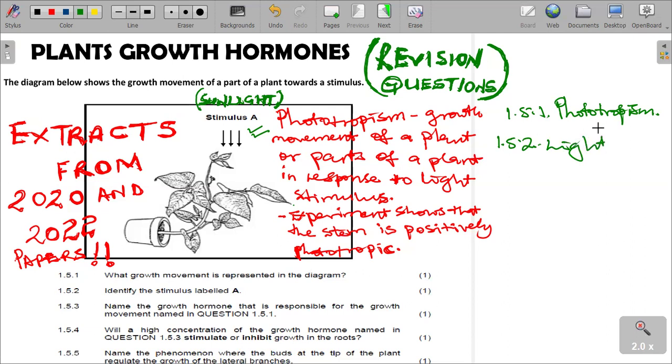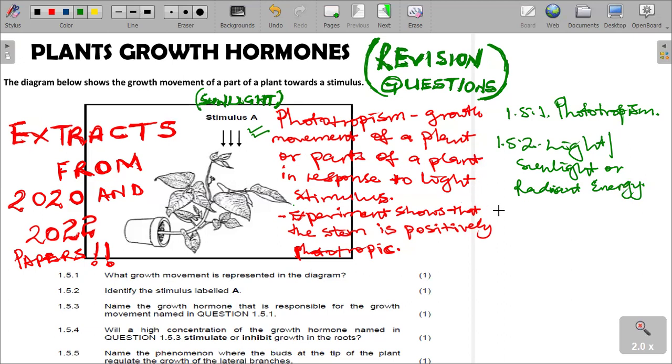We can say light, or sunlight, or the radiant energy of the sun. So we are saying it is light, it is sunlight, it is radiant energy. All of those answers identify the stimulus labeled A.